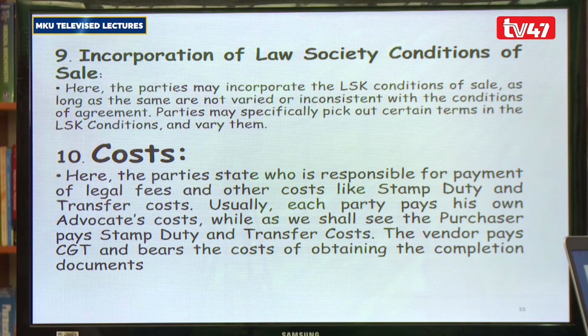It is possible, occasionally, that one party can bear the cost of both advocates. Again, it will not be illegal, as long as it has been agreed between the parties and it is properly documented. But there are typical costs that must be borne differently by the parties.